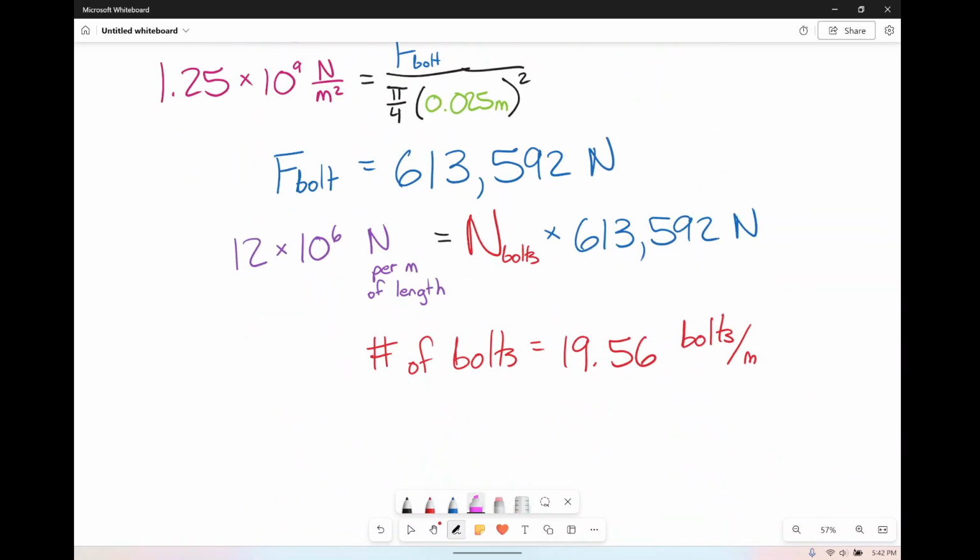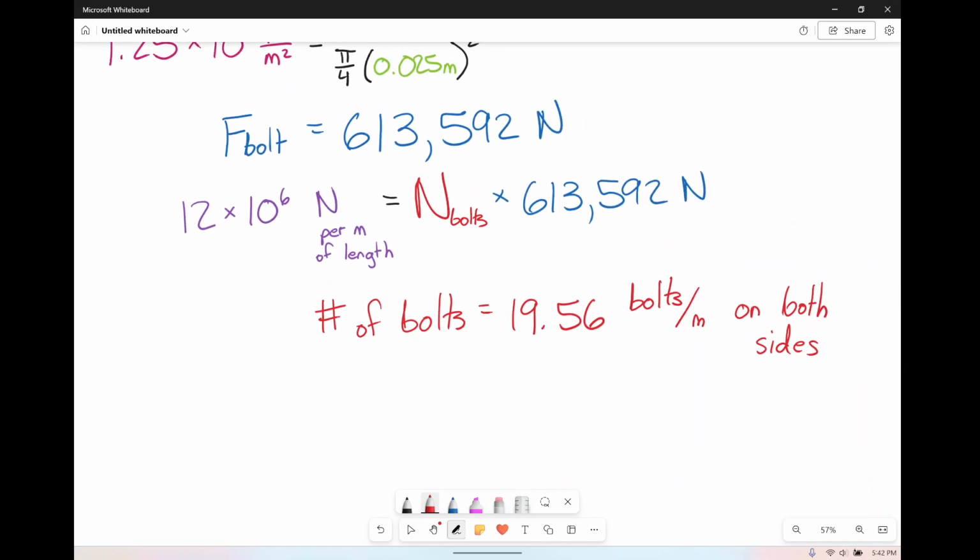So this is bolts on both sides. If I just want how many bolts there's going to be on one side, first we got to round. You can't have 0.56 of a bolt. You either have a whole bolt or you don't. So our option is 19 bolts or 20 bolts.